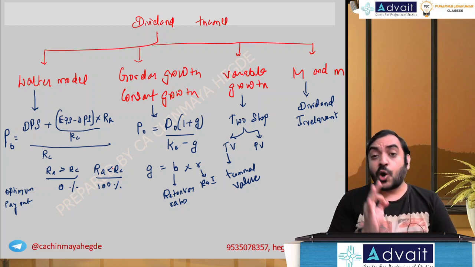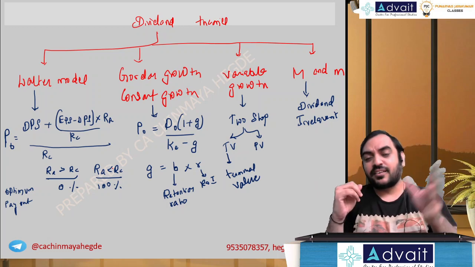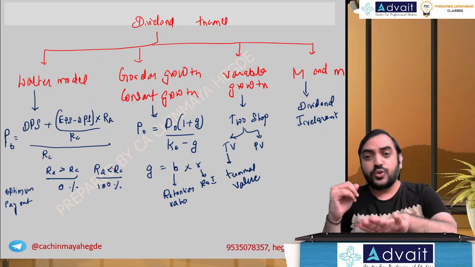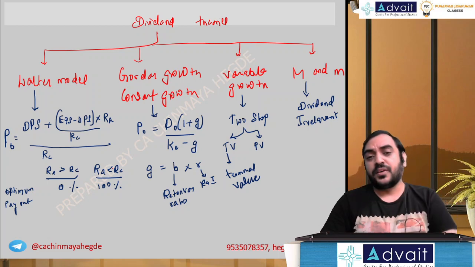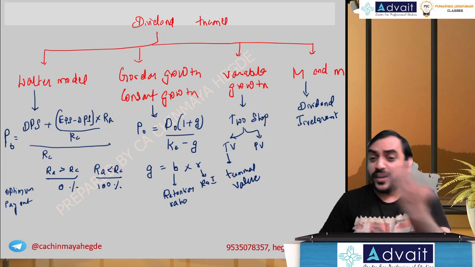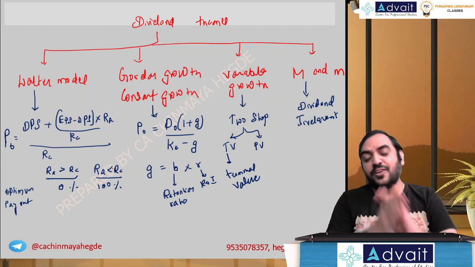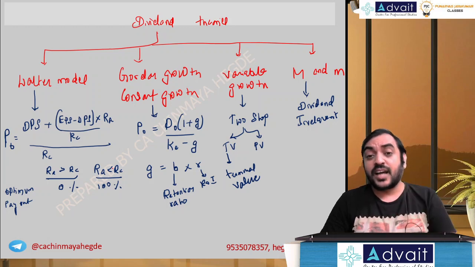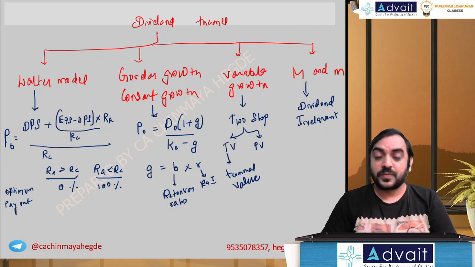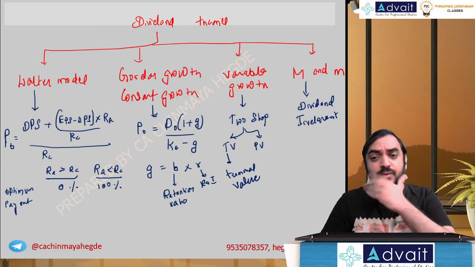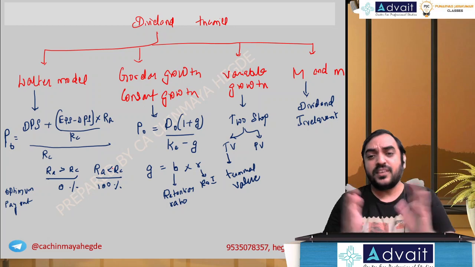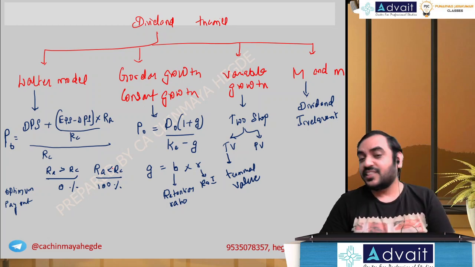And M&M, Modigliani and Miller, came and said it does not matter whether you take debt or you don't take debt, the value of the company remains the same. Whether you pay dividend or you don't pay dividend, the value of the company remains the same. You also follow something called the arbitrage approach. Anyway, that is more part of your intermediate syllabus. Just remember, M&M is the dividend irrelevance theory.